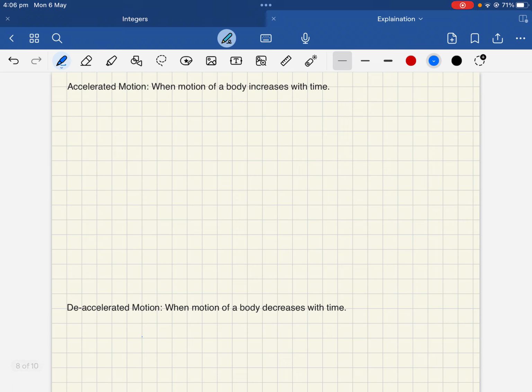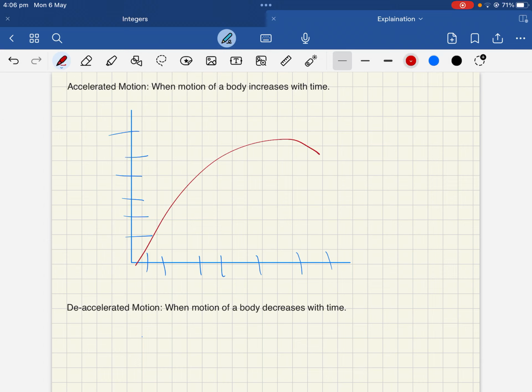Next, we have a topic that is accelerated motion. Accelerated motion looks like this, where with time the speed of a body increases.